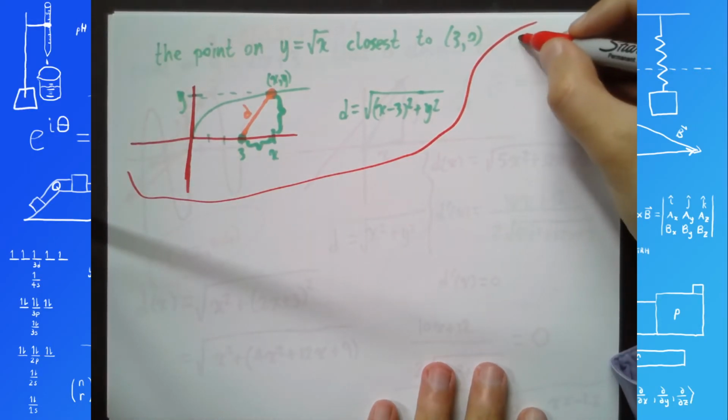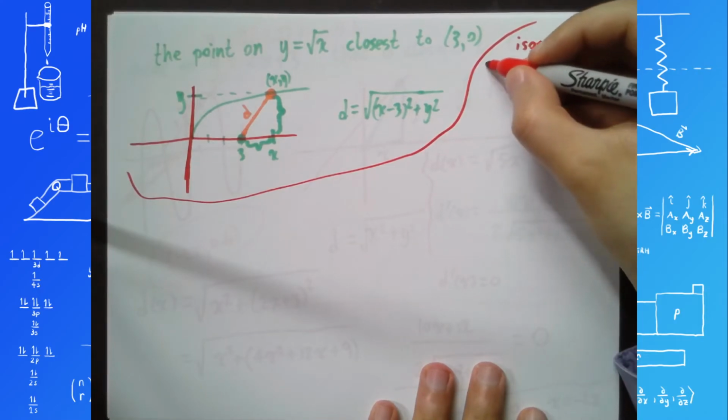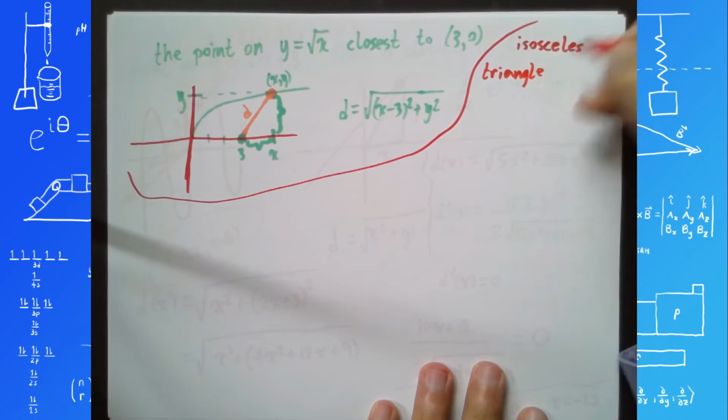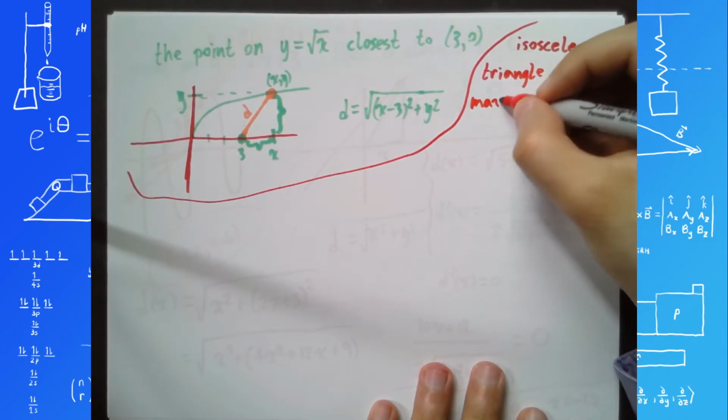So, isosceles triangle of largest area, maximum area.